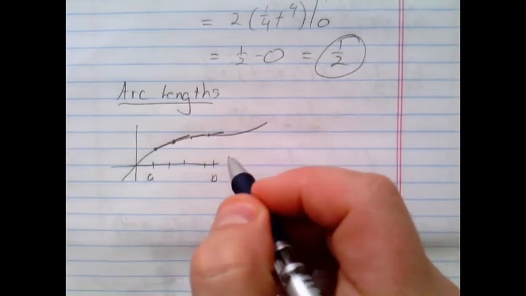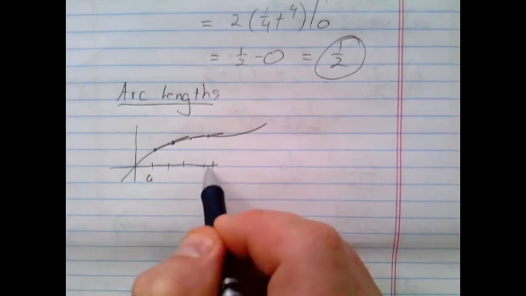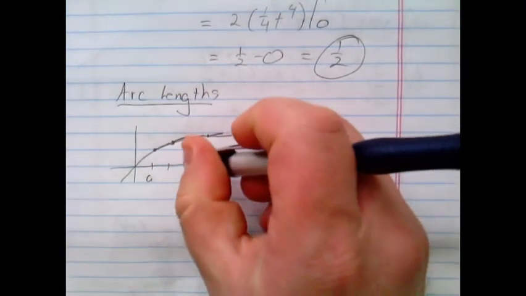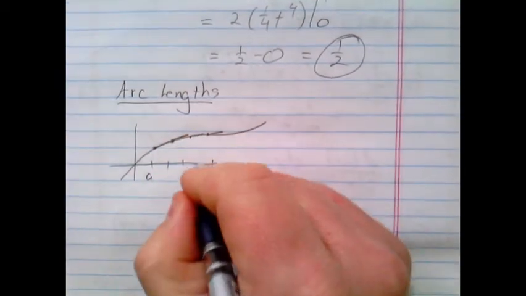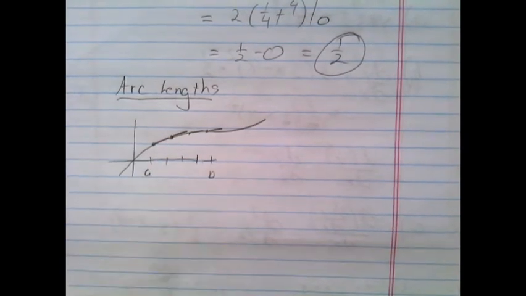Now those little tangent lines have lengths that are pretty close to being the length of the curve on that interval. They're not dead on, but the idea is that if we take the limit of the sum of the lengths of the tangent lines as the widths of these little subintervals goes to 0, then it would go from being an approximation to being dead on.